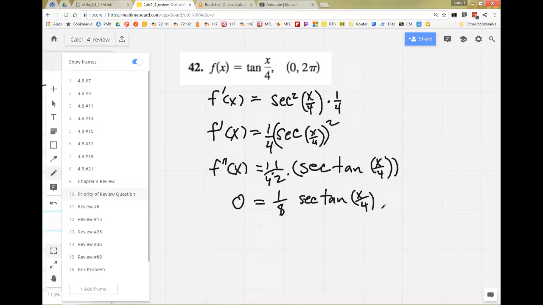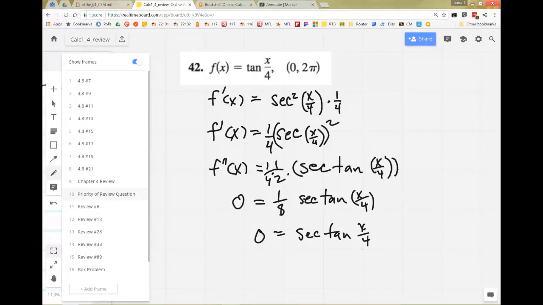Well, we can multiply both sides by 8, and that takes care of this 1/8. Okay. I got to think through this. When you take the secant tangent, that's the secant.